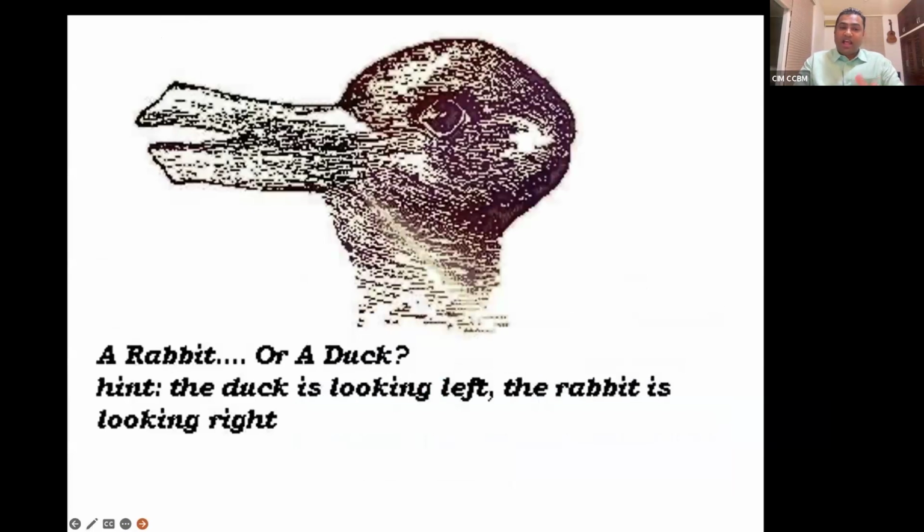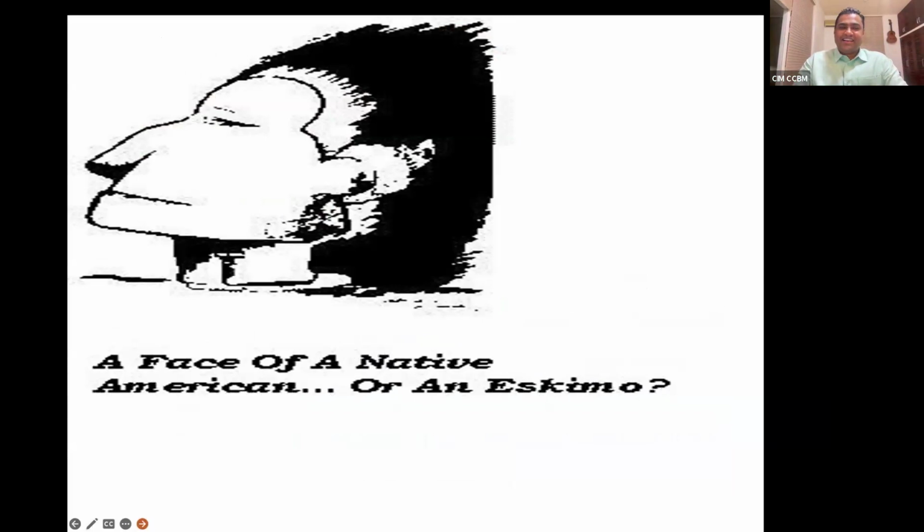Do you see the rabbit and the duck? This is a very easy one, on either side. Rabbit and duck. Right? That's the easy one. Do you see a Native American face and an Eskimo? The Eskimo is turned the other way. Why am I showing this?